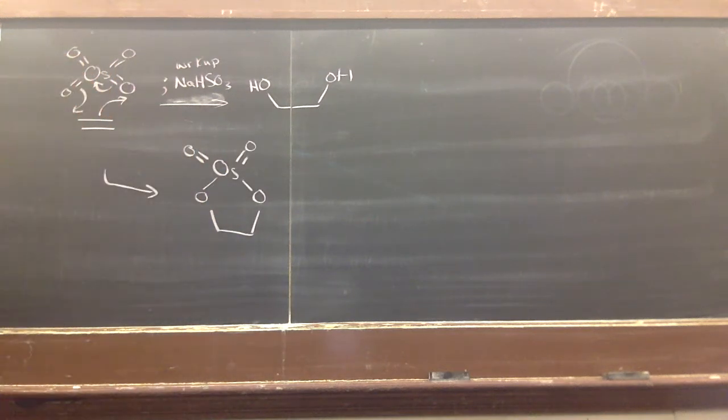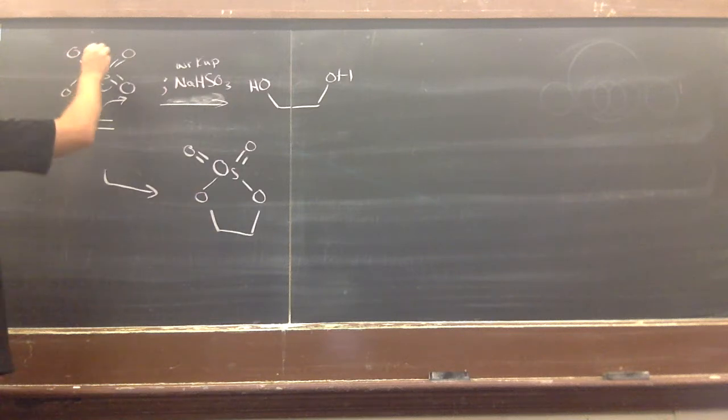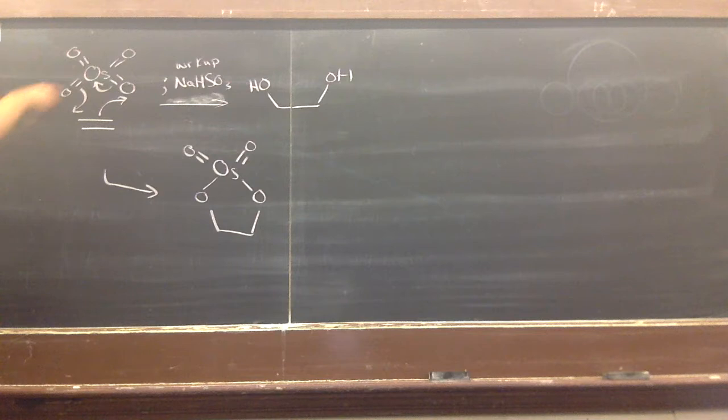And what sort of drives a lot of these reactions is that, in this case, the osmium is at a very high oxidation state, and so it performs this process. So you may have seen in the notebook sort of Roman numerals, right?